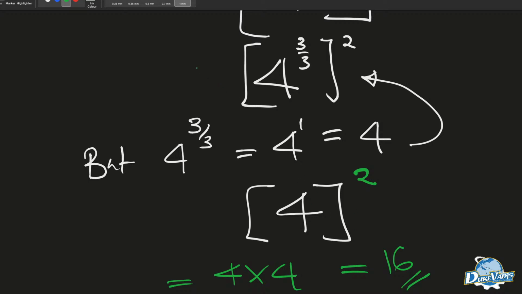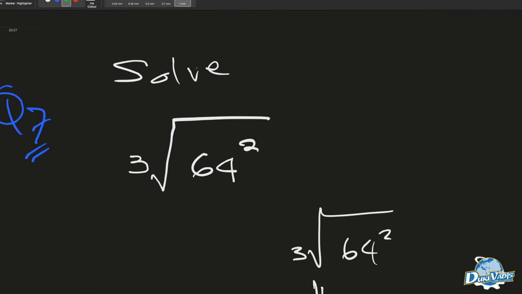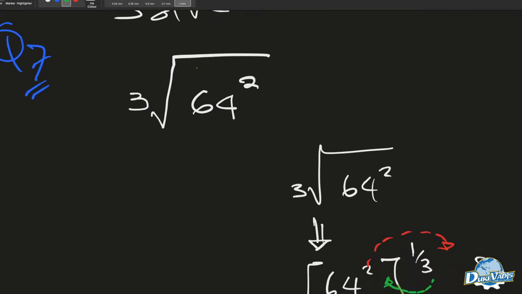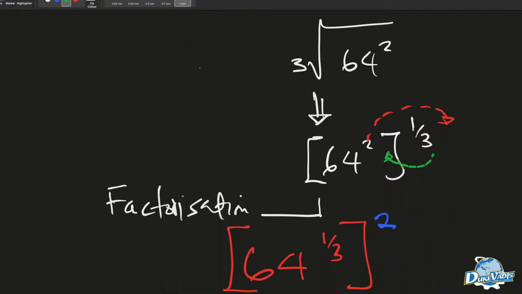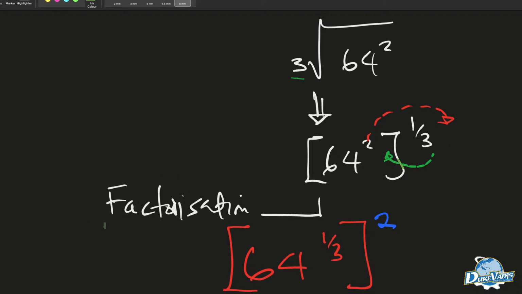Let's have a look at it. As you can see, that's what we have: the cube root of 64 squared. We know this can be written as 64 squared, then we bring the 1/3 out. After that, we apply factorization.